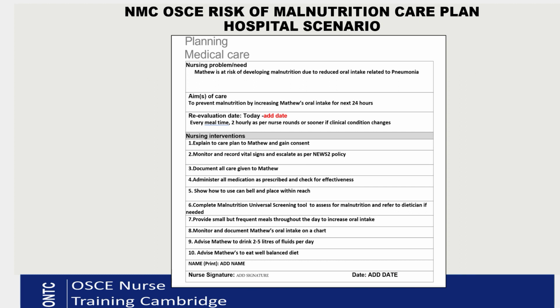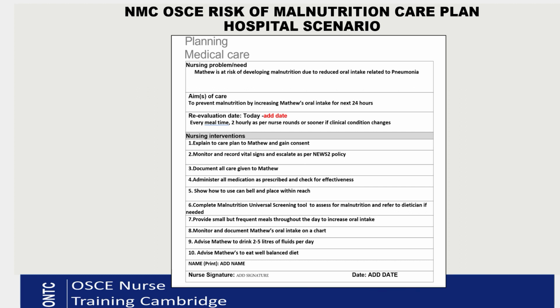Third thing is we're going to document all care given to Matthew. Number 4 is administer all medications as prescribed and check for effectiveness. Number 5 is show Matthew how to use the call bell, and make sure it's within his reach.